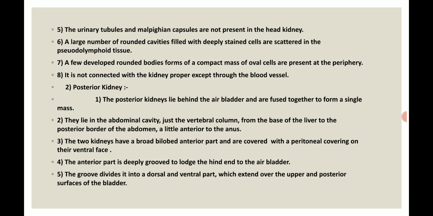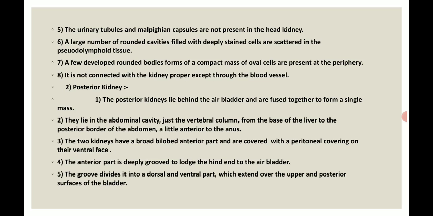Then the second one is the posterior kidney. The posterior kidneys lie behind the air bladder and are fused together to form a single mass. They lie in the abdominal cavity, below the vertebral column, from the base of the liver to the posterior border of the abdomen, a little anterior to the anus.